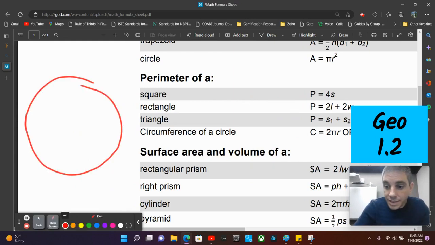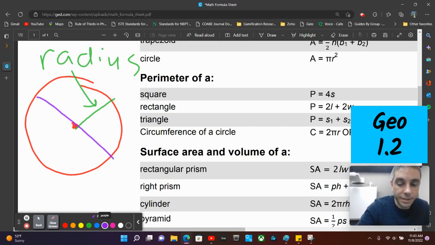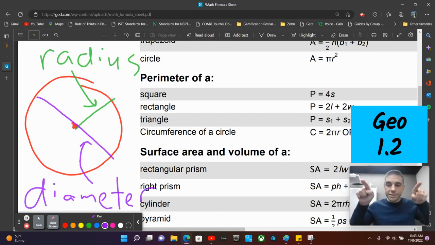Every circle has a center point, and R is an abbreviation for the radius measurement from the middle of the circle to its edge. The radius remains constant all the way around, never changing. The letter D represents the diameter measurement, which goes from edge to edge through the middle. It's almost like the diameter is built from two radiuses back to back. In fact, it does take two radiuses to make one diameter.